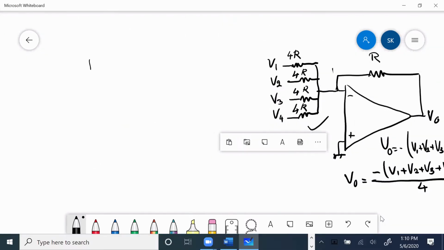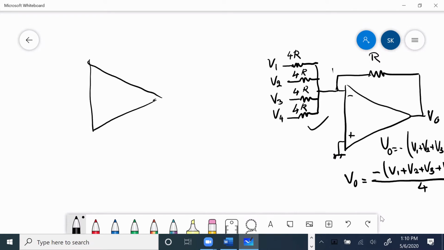Then one other circuit that is also very useful is when we have applied voltage to both terminals, R1, R2.